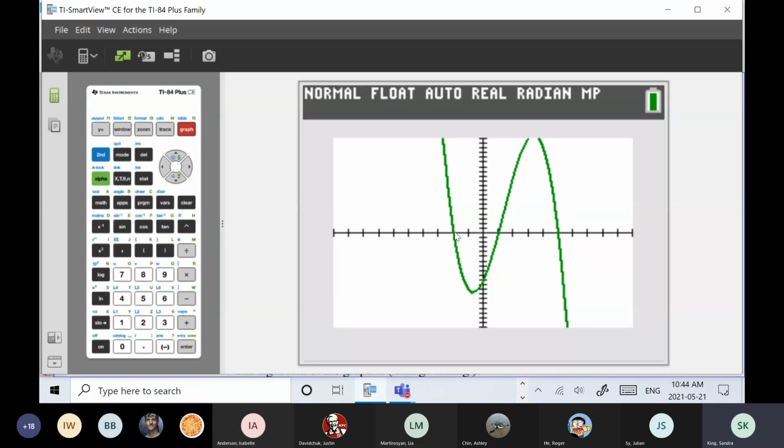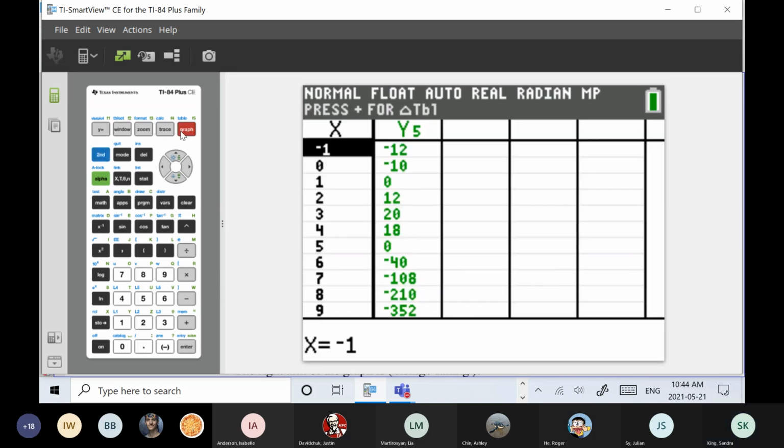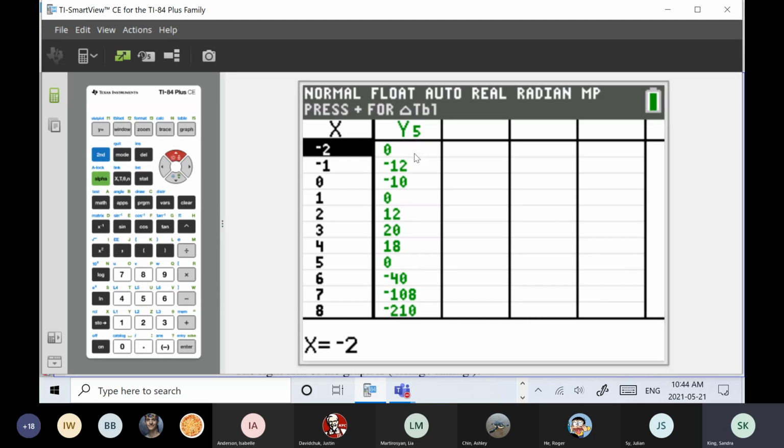I can look here and I could say, I think that I'm going to have a 0 at -2, at 1, and at 5. To double check, I'm going to look at my table. So it looked like -2, yes. So there they are, my 3 zeros.